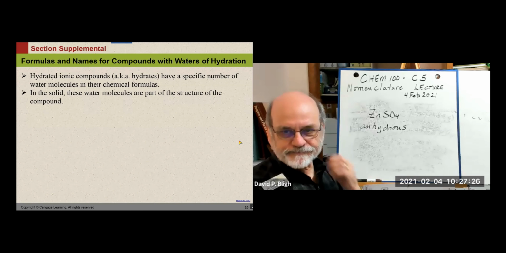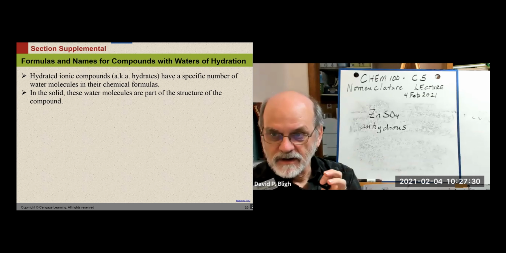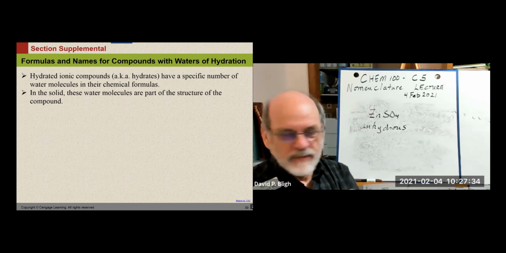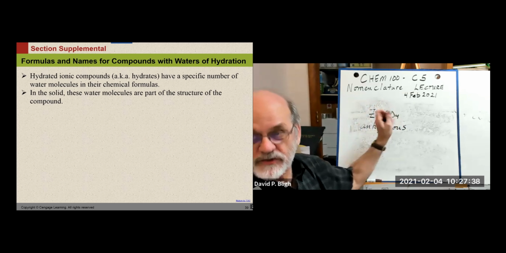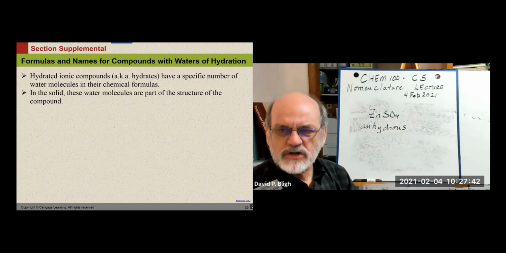So these water molecules are part of the structure of the compound, but they're not in the ionic structure itself. They're separate and they're bound some other way. So how do we show that?